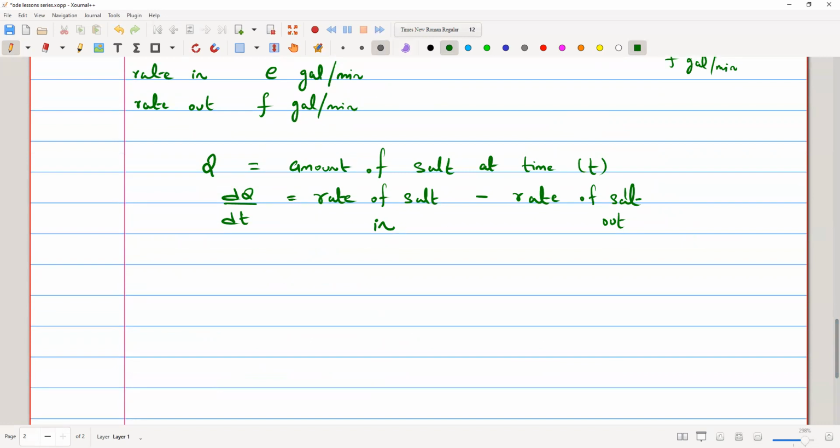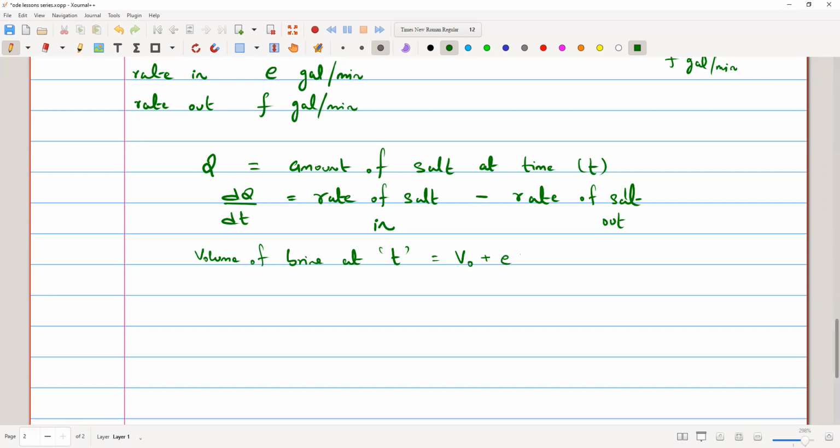So we first need to calculate the volume of brine in the tank at any time t. The volume of brine at any time t is equal to the initial volume present in the tank plus the volume of the brine that is added.